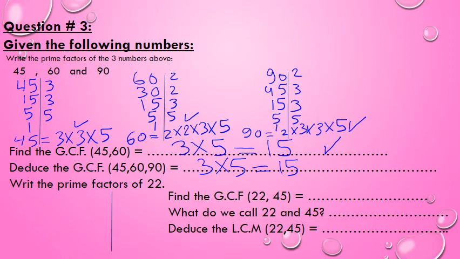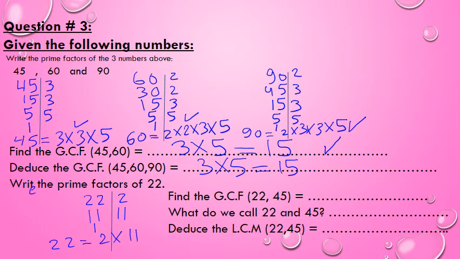Now we should write the prime factors of 22. Yes, Hassan. Can you tell us what the prime factors of 22 are? 22 divided by 2 equals 11. Yes. 11 divided by 11 is equal to 1. So the prime factors of 22 are 2 times 11.